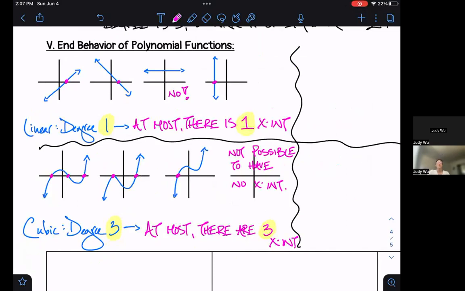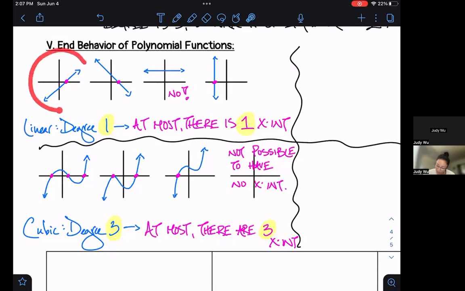Now, linears and cubics are both degree 1 and 3, which means they both have an odd degree, okay? And I want us to pay attention to the end behavior that's happening here. So in other words, are the graphs going up or down at the ends, all right? Now, since we read in English from left to right, it's important that we read our end behavior from left to right, all right?